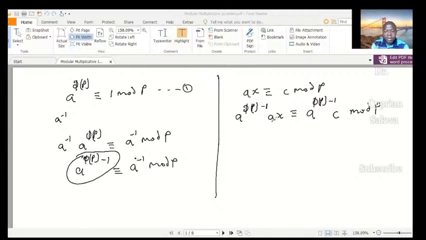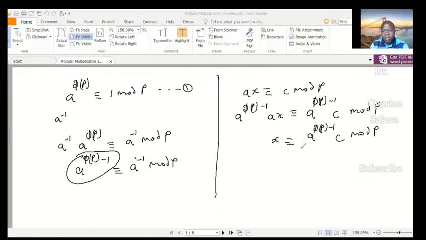But now you know that this is A times its inverse, which will give us 1. And so the result on the left side is X is congruent to A to the phi of p minus 1 multiplied by C mod p. So this is how we find X.